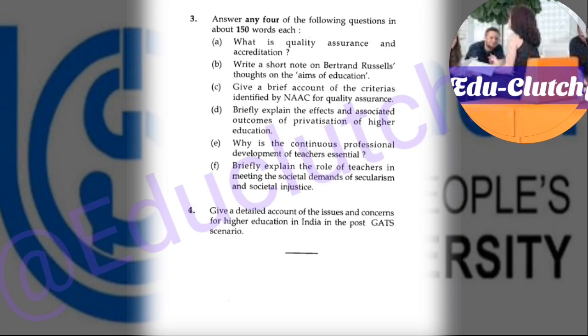Fourth, briefly explain the effects and associated outcomes of privatization of higher education. Fifth, why is the continuous professional development of teachers essential? And sixth, briefly explain the role of teachers in meeting the societal demands of secularism and social injustice.